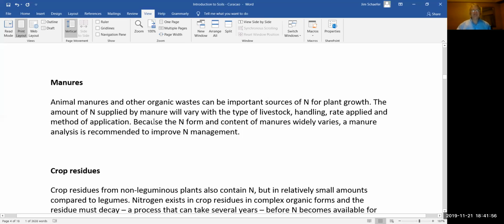The amount of nitrogen supplied by manure will vary depending on the type of livestock, how they're handled, and then the rate applied, which means the volume of manure that you apply to the field, and the method of application, whether you leave it on the surface or you incorporate it into the ground. Because the nitrogen form and content of manures widely varies, a manure analysis is recommended to improve nitrogen management.